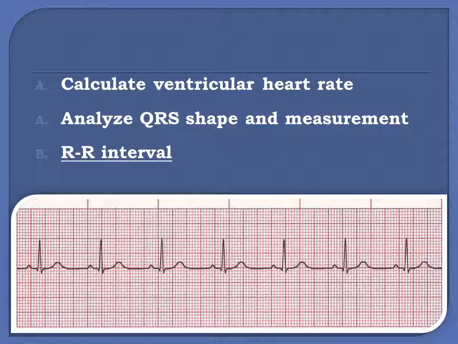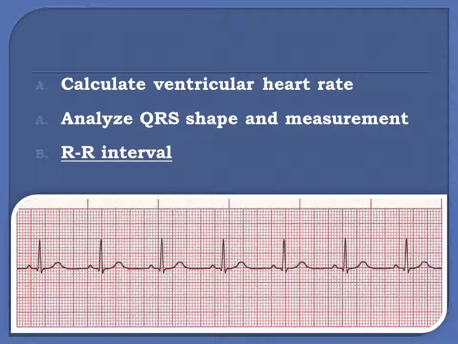Secondly, we have to determine the QRS complex and whether its shape is normal or abnormal. We are well aware that the QRS complex consists of 3 waves, the Q, R and S waves. It measures the time for the impulse to go through the bundle of His to the Purkinje fibers and throughout the ventricular muscles.